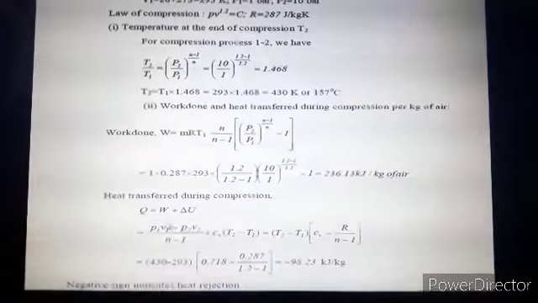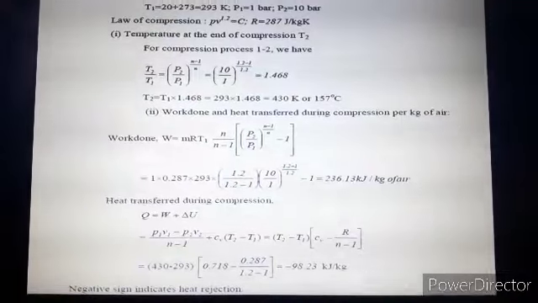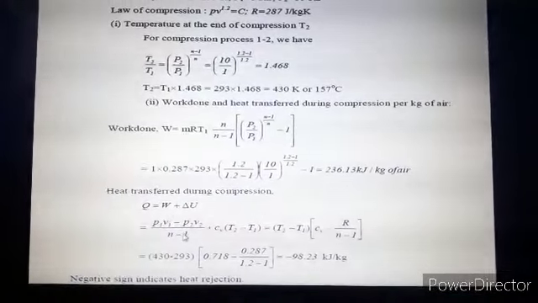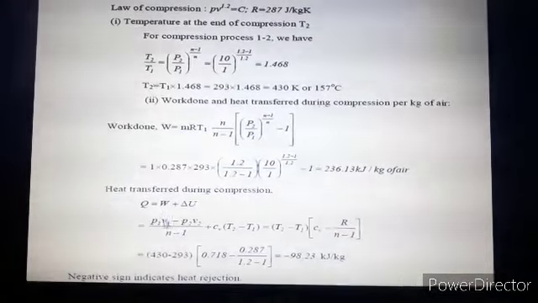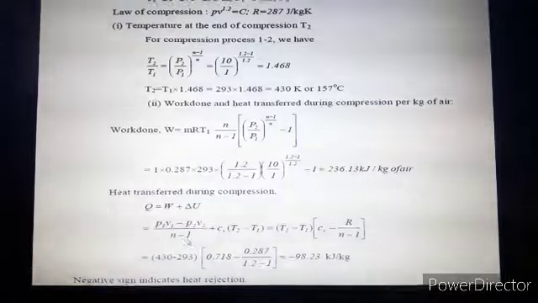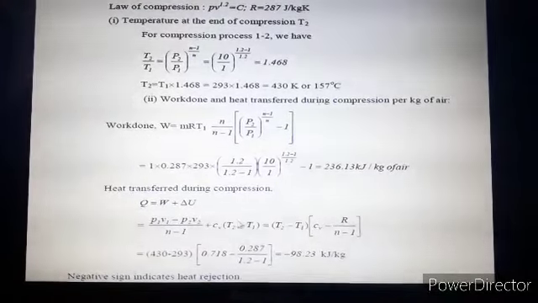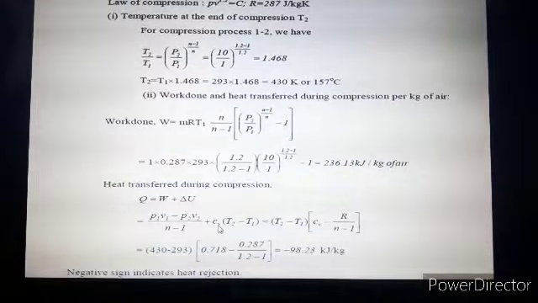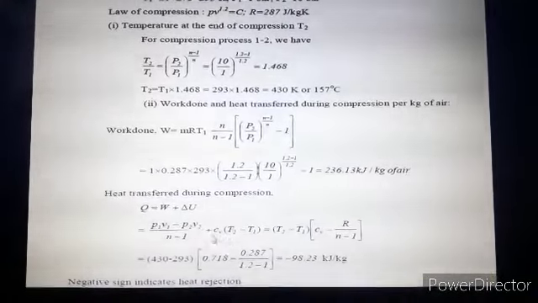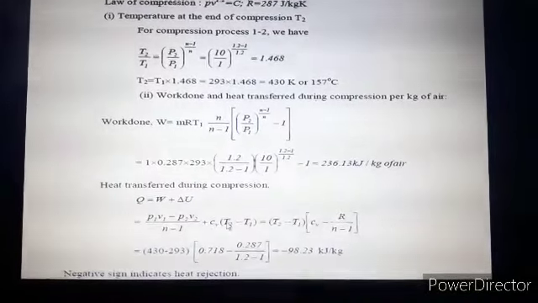Again the work transfer we have already estimated here, so that value we can directly consider, or we can write the basic relation for work transfer in terms of pressure and volume. So it is (P1 V1 minus P2 V2) by (n minus 1). Again change in internal energy for unit mass of this air is Cv into (T2 minus T1). Again Cv is specific heat at constant volume, so this value is 0.718 kilojoule per kg per Kelvin.